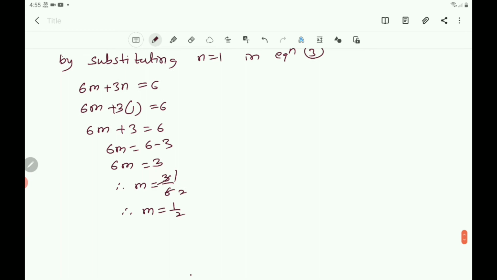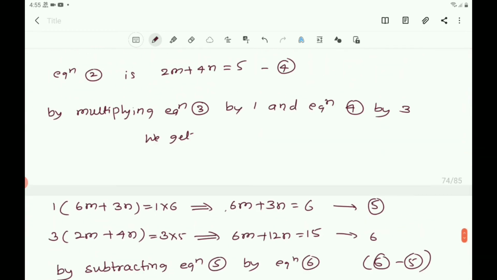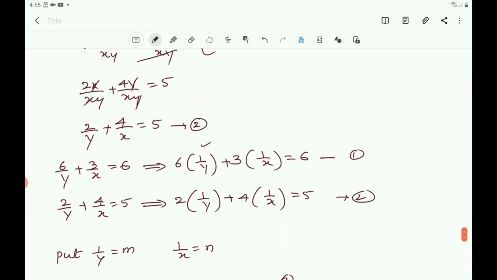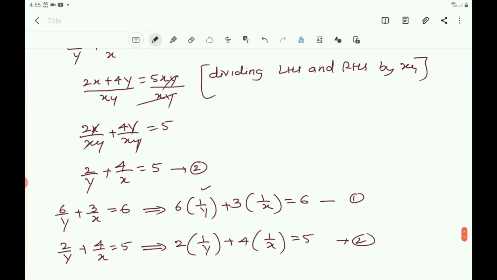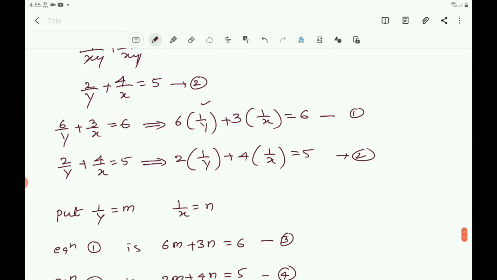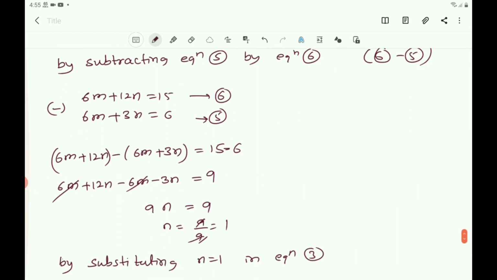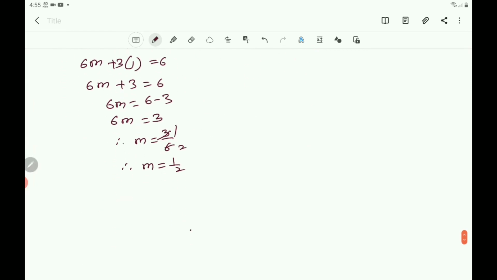So here, what we have taken: 1 by y equals m, 1 by x equals n. So you take m equals 1 by y equals 1 by 2. That implies 1 by 2 equals 1 by y. That implies y equals 2 by cross multiplication.